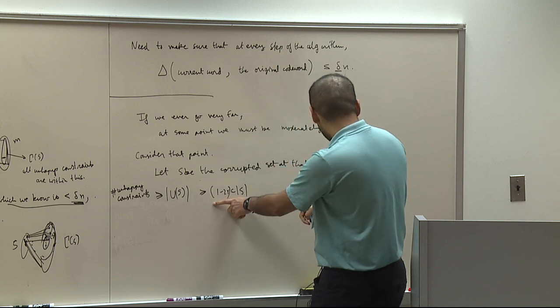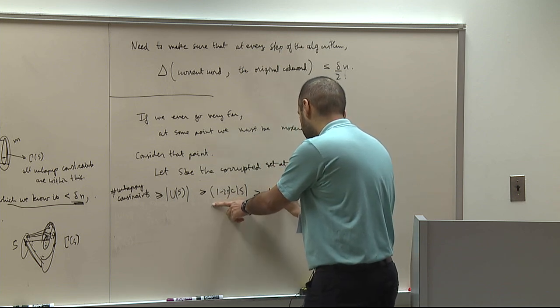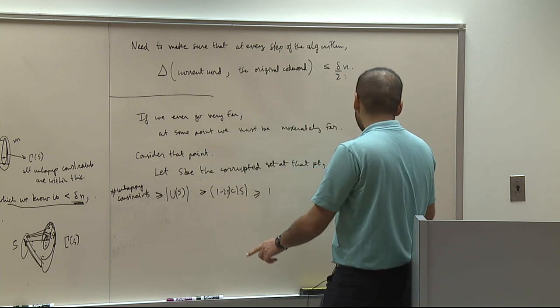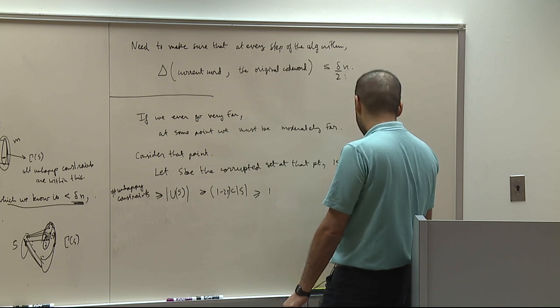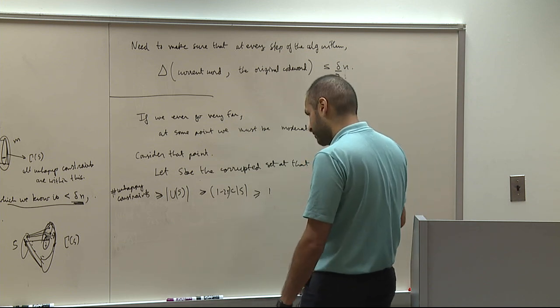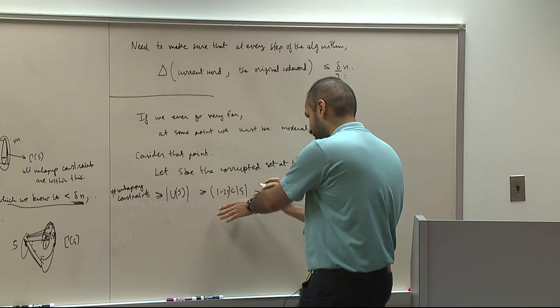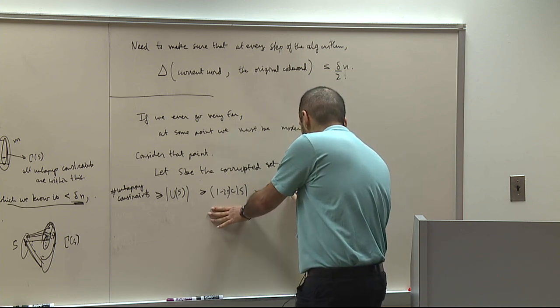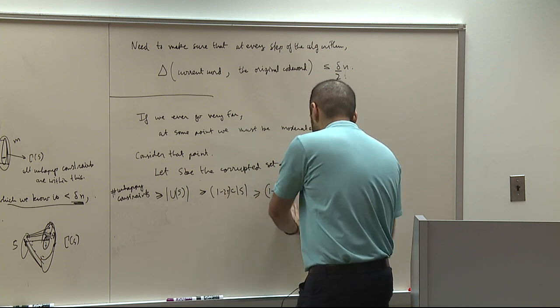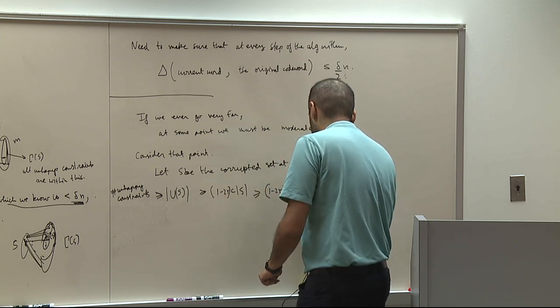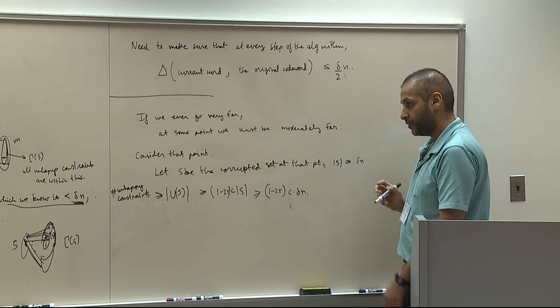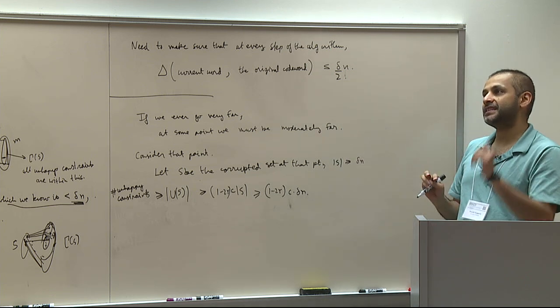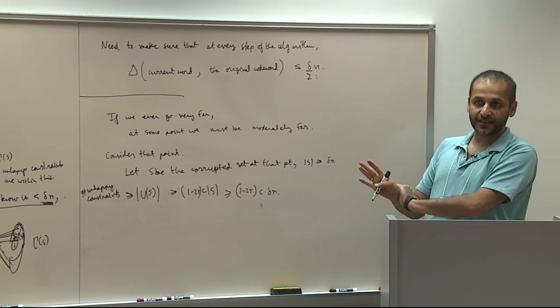I'm saying delta n so that I can apply the expansion rule. So I get 1 minus 2 gamma times delta C times delta n. But I know that the number of unhappy constraints has only strictly reduced from where I started.